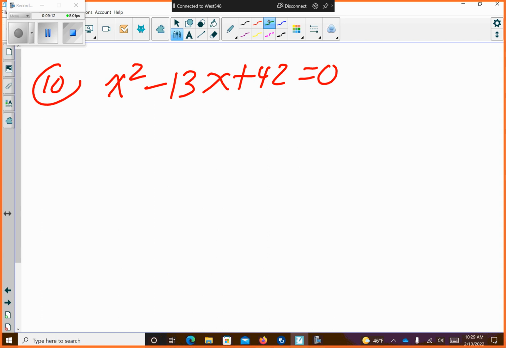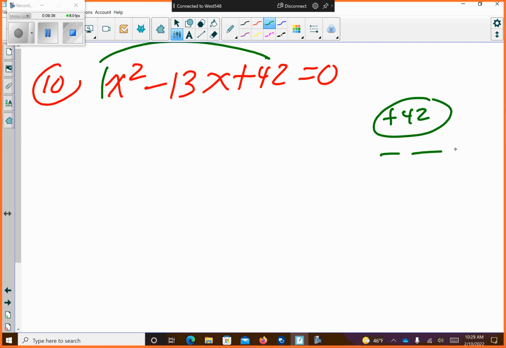Love it. All right, let's finish these up. I have a 1 out front. Agreed? I'm going to multiply 42 times 1, and I'm going to get a positive 42. What can you tell me the two signs have to be? Are they both positive or are they both negative? Negative, negative. They both have to be negative, because if I go negative times negative, I get positive.